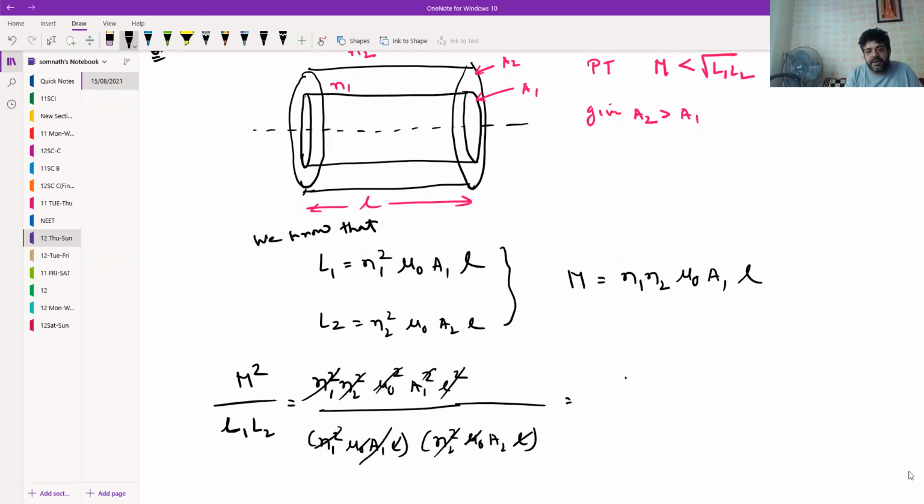So what we have is A1 on top and A2 at the bottom. Yes or no?